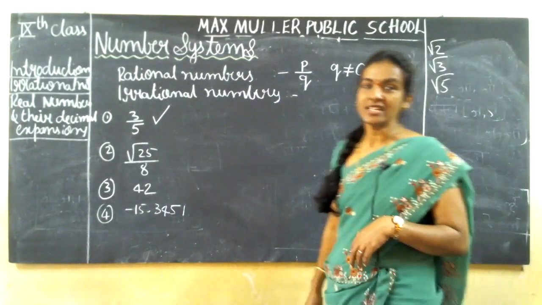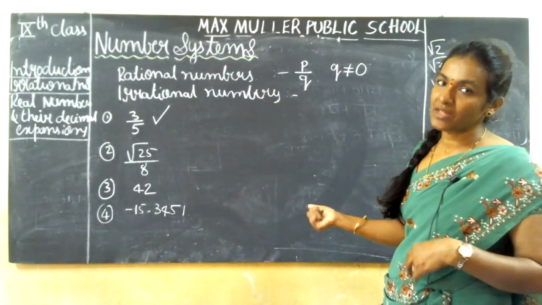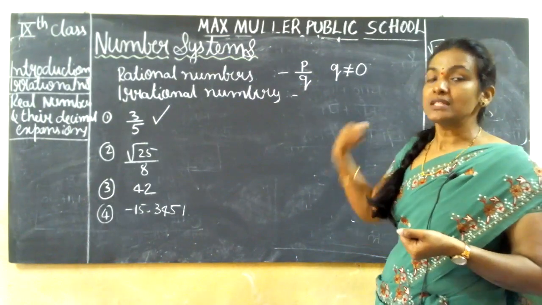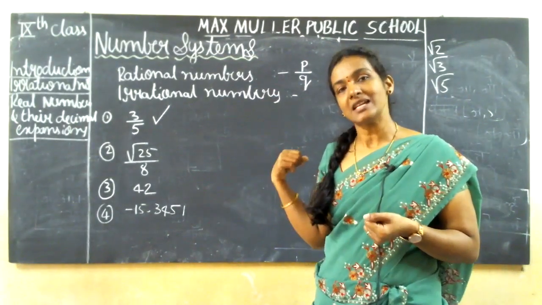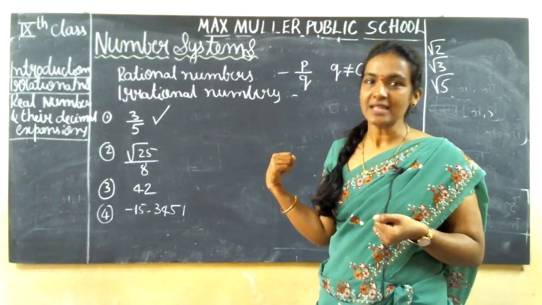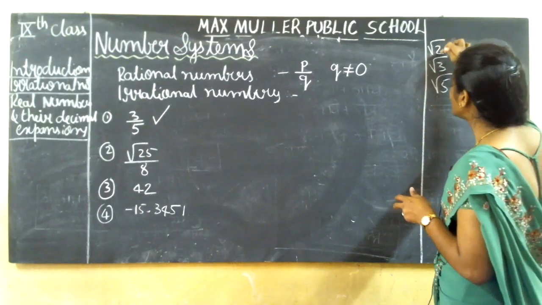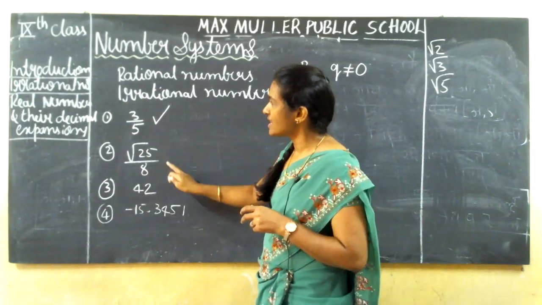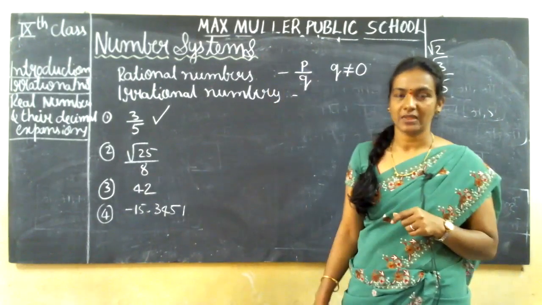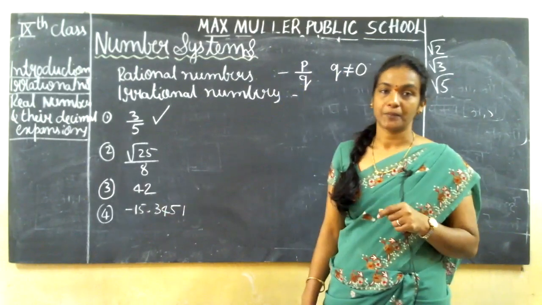As I told you, these are irrational numbers. So if the numbers under the root are irrational, tell me whether this one is rational or irrational.